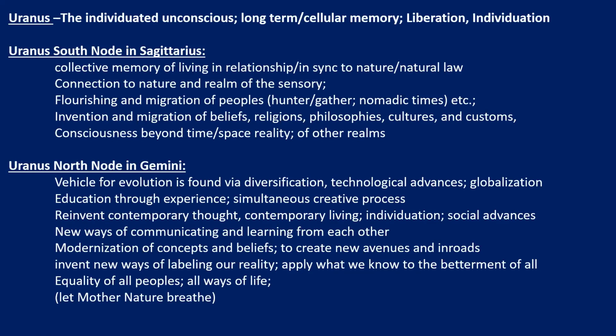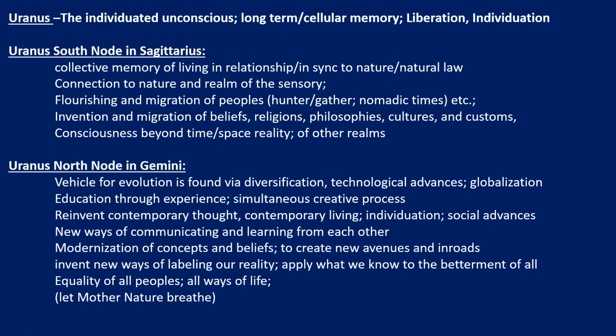It is representational of the flourishing and migrations of peoples, hunter-gatherer times, nomadic times, the invention and migration of beliefs, religions, philosophies, cultures, customs. It is the consciousness beyond our time-space reality of other realms.